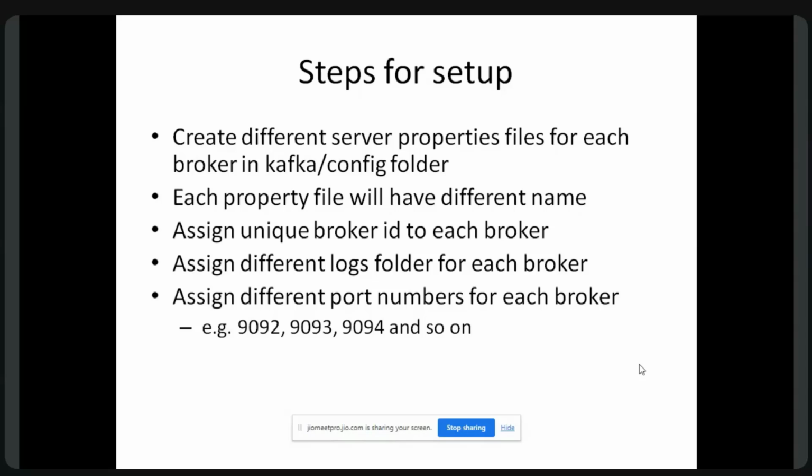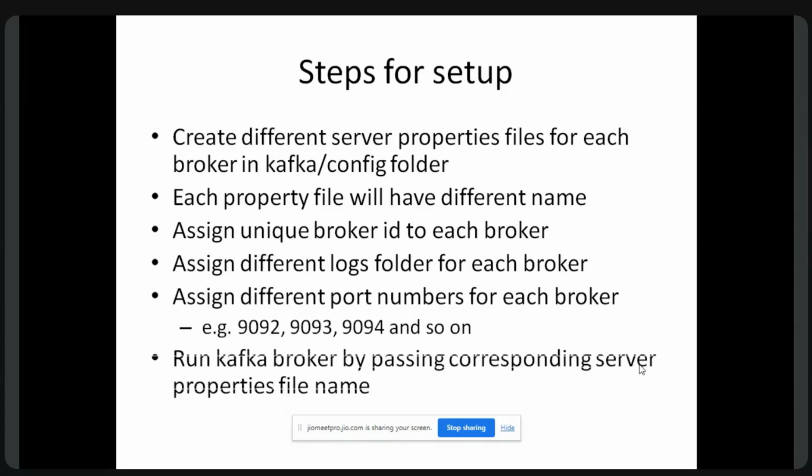We have port numbers available, like if 9092 is occupied by the first broker, the second broker will have 9093, the third one will have 9094 and so on. So again, in the property file, you have to mention that port number so that whenever you start the broker, that port number can be used by the broker.